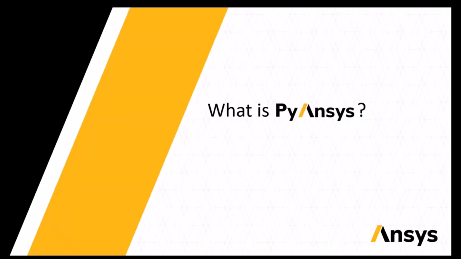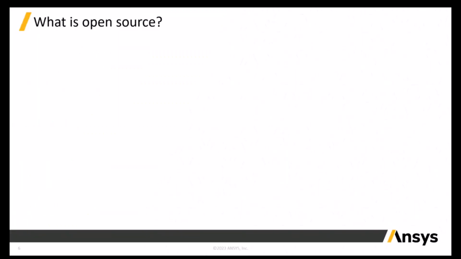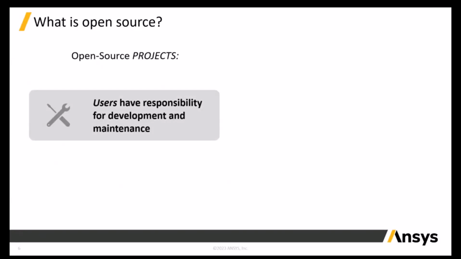So, what is PyAnsys? First, taking one step back, I want to explain what open source is, and the difference between projects and products. A project is software that is shared with a community of developers for the purpose of extending and improving the software beyond what would be possible in normal in-house product development.